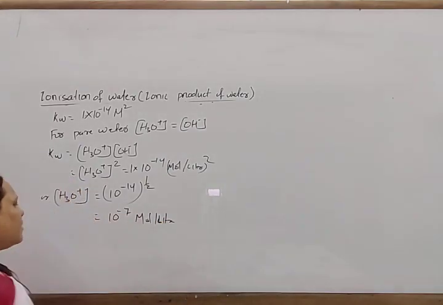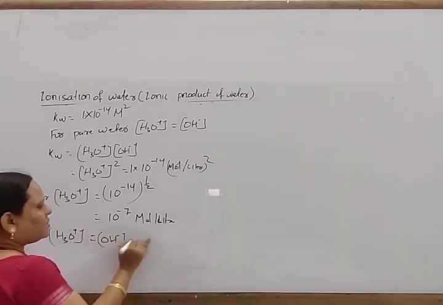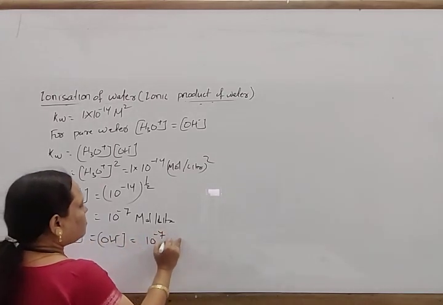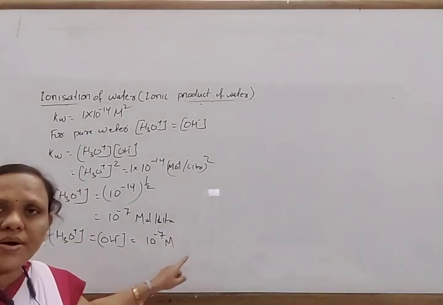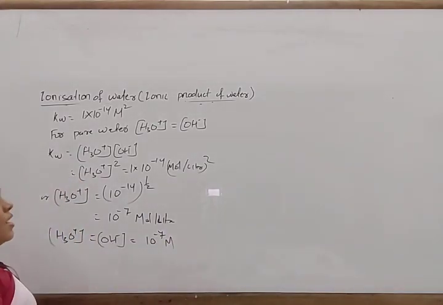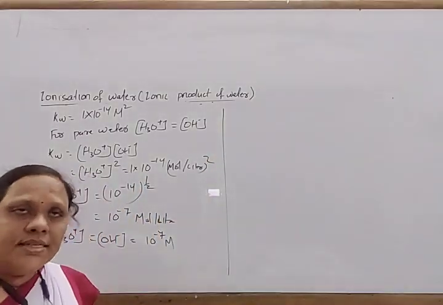So for pure water, the H3O plus concentration is equal to the OH minus concentration, that is equal to 10 to the power minus 7 moles per liter. So this Kw value increases with increase in temperature.